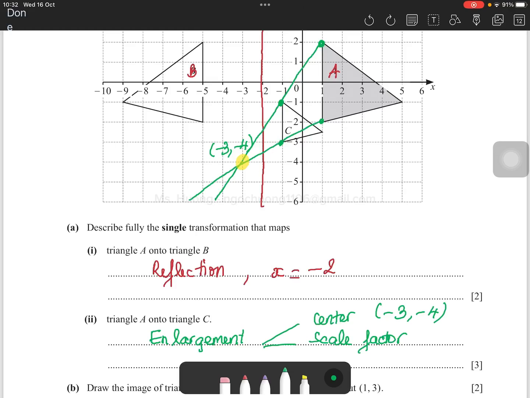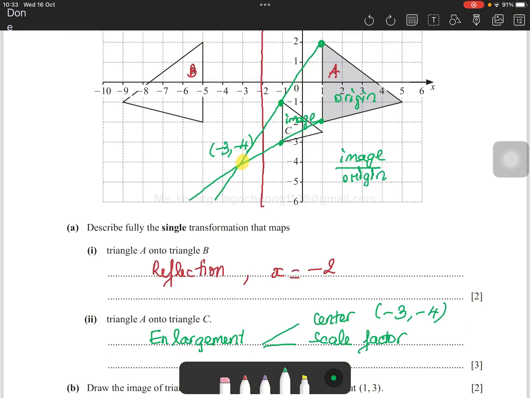And now let's talk about the scale factor. To find the scale factor, you need to determine from A to C, which means A is the original shape and C is the image. The scale factor means we need to find the ratio of image over original.